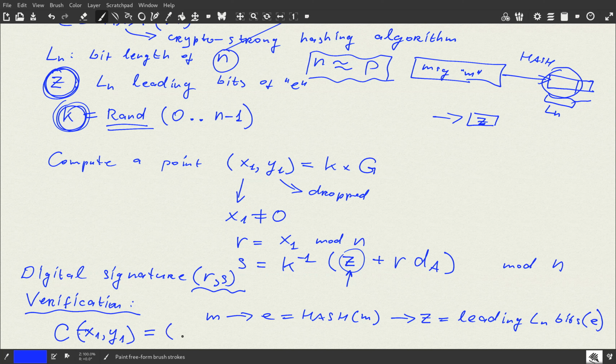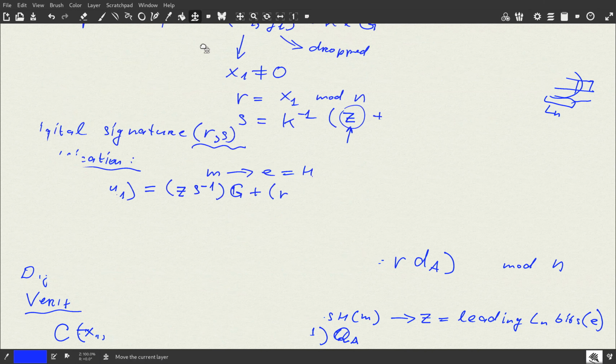One of them is z times inverse of s, where s is a part of signature, times G, plus another point, which is r times inverse of s, again, times our public key QA. Both points G and QA are known. That's perfectly okay.